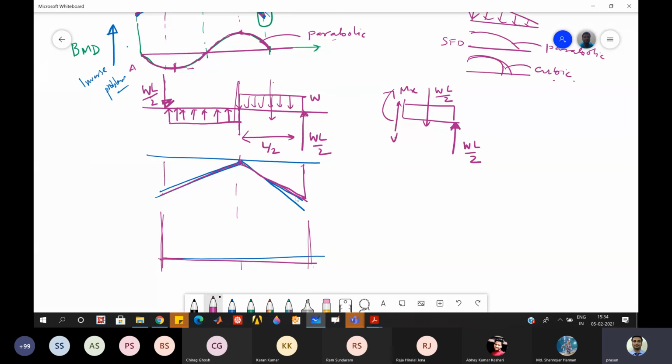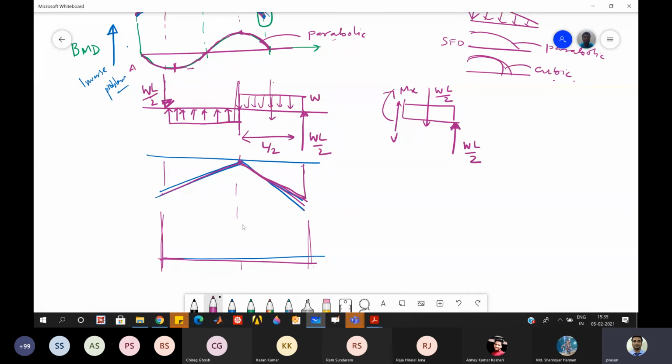This is all negative, right? Yes, all negative. And if I come from here, this thing is negative, and it is becoming 0 here, and it is higher here.